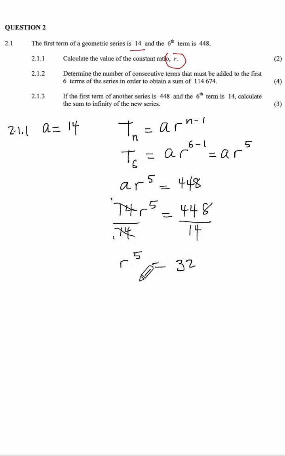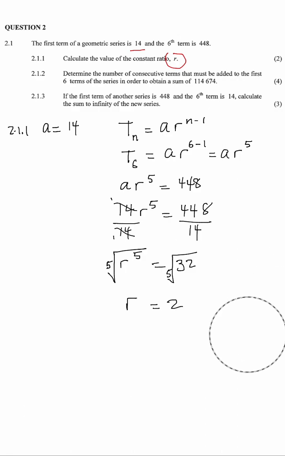Either I could raise both sides to the power of 1 over 5, or I could take the fifth root of both sides. I'm going with the latter, because this is power 5, so I take the fifth root of both sides. The fifth root of r to the power 5 is r, and the fifth root of 32 is 2. So that would be my final answer for this first question.